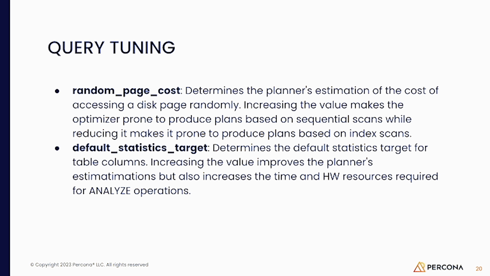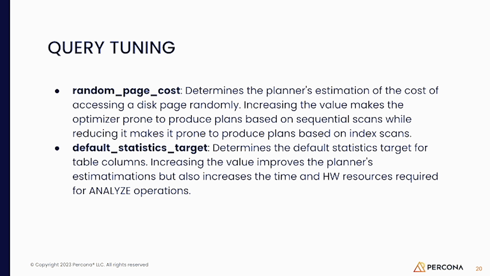So we can reduce the random page cost very close to the sequential one, right? The sequential page cost default is 1. So if we are running with SSD disks, we can move the random page cost to something very close like 1.1, and then the optimizer will be prone to produce execution plans based on index scans.